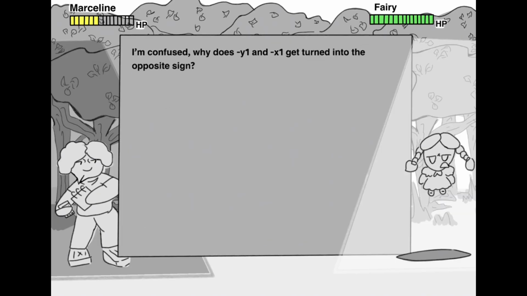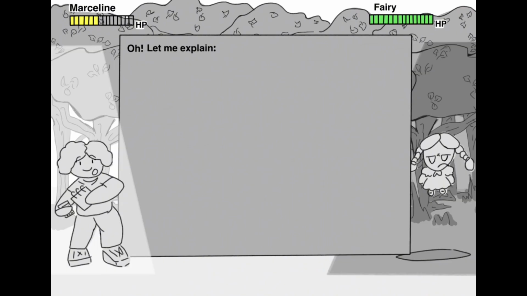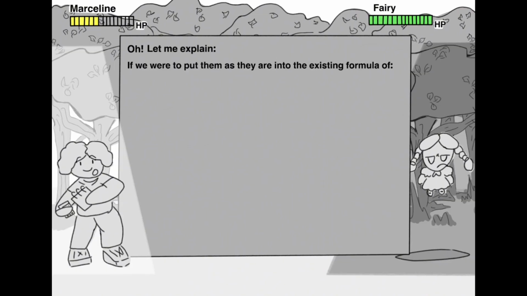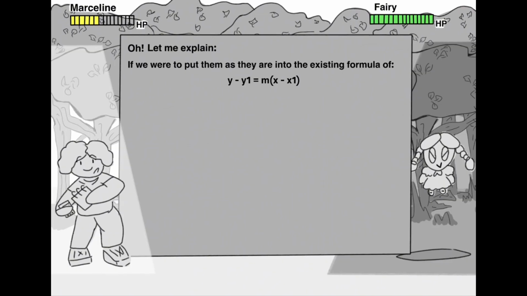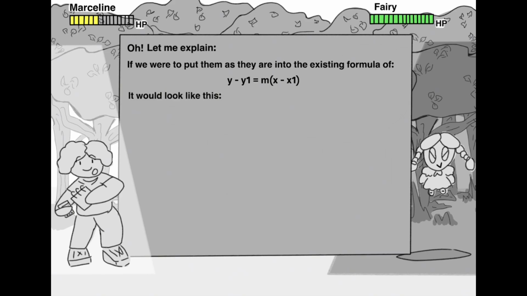Yes, I'm confused. Why do minus y1 and minus x1 get turned into the opposite signs? Oh, let me explain. If I were to put them in the existing formula, it would look like this.